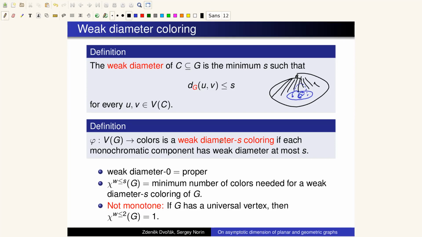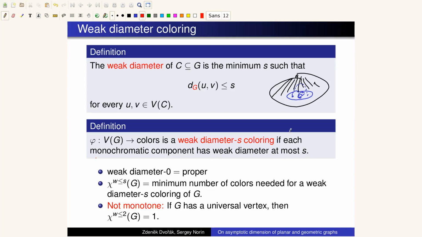And now for some fixed integer s, a weak diameter s coloring is just what you get from this strange definition of coloring that we started with, if the restriction that you give on the monochromatic components is that they must have weak diameter at most s.